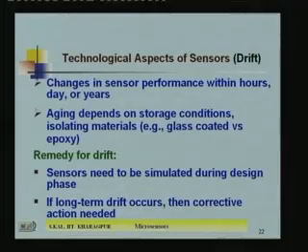And so, obviously what are the remedies for drift? There are a few remedies. One, sensors need to be simulated, not stimulated, during the design phase. That means by simulation you can see what changes can take place, say a little bit of temperature rise or a little bit of humidity rise.